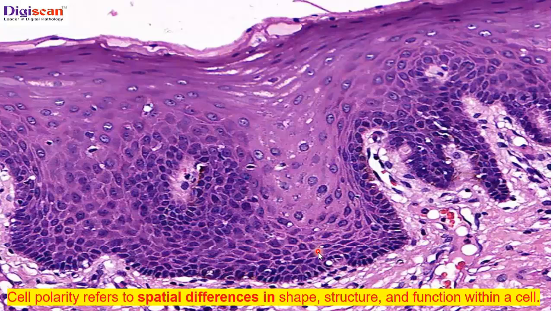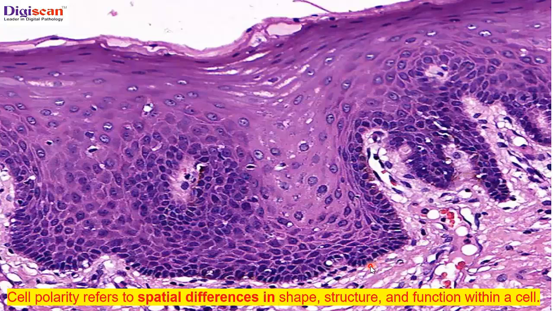Now this process of maturation of the epidermal or epithelial cells from the basal layer to the surface is called maturation or differentiation. Sometimes it is also called polarity of the epithelium. Another term which we will be seeing later on is the polarity of the basal cell layer.